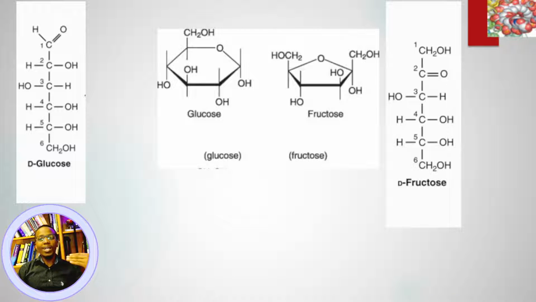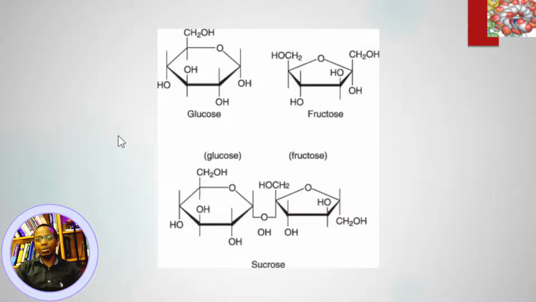But we go one step further and combine one or two sugars to make what we call oligosaccharides, right? So this is a combination of fructose and glucose to make sucrose, right? And this is the sugar that we all love, that tastes sweet. This is sucrose. Now, these we call specifically disaccharides, right?